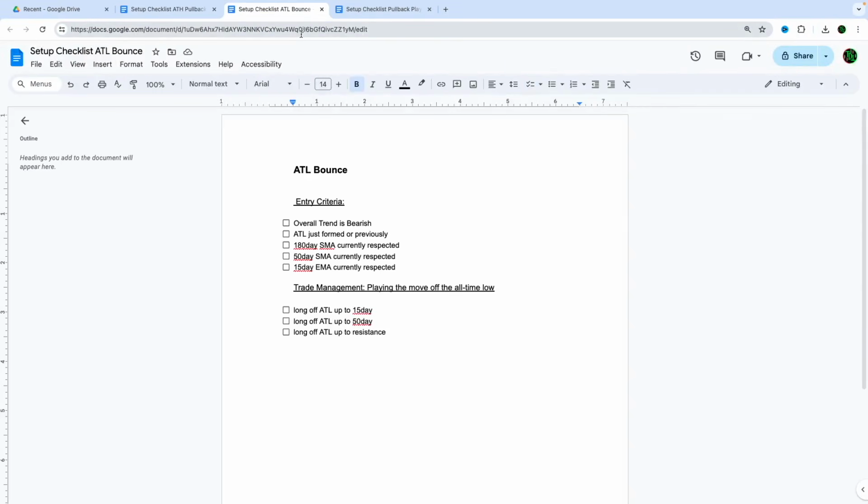The ATL bounce, our entry criteria: overall trend is bearish, all-time low just formed or previously formed. Okay, 180-day SMA currently respected, 50-day SMA currently respected, 15-day EMA currently respected. Now, it will be hard to find a chart where all of the 3 moving averages we use are respected. However, like I said, the more moving averages are respected, the better.